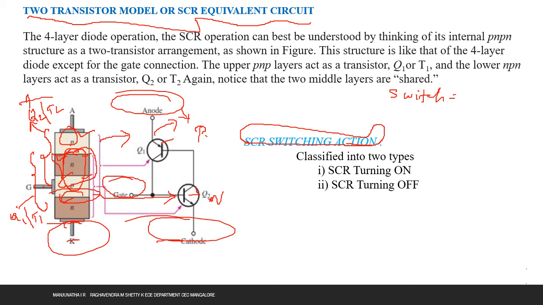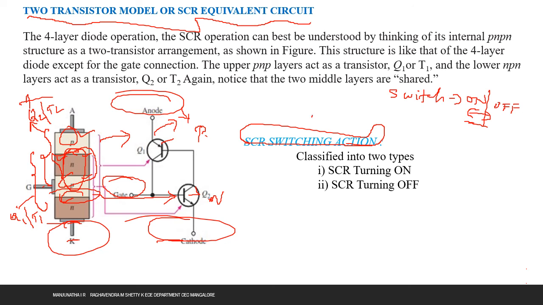Switch in the sense that we can turn it on or off. Here SCR can also be made to be in on condition or off condition. In on condition SCR should be turned on, and in off condition SCR should be turned off. It is a very basic concept that we should know.